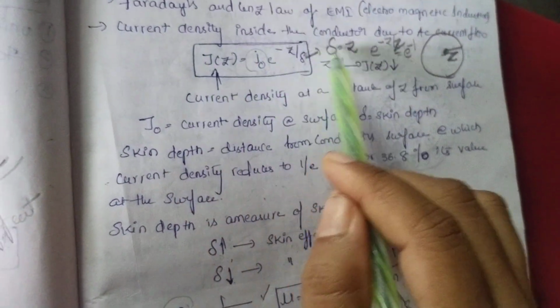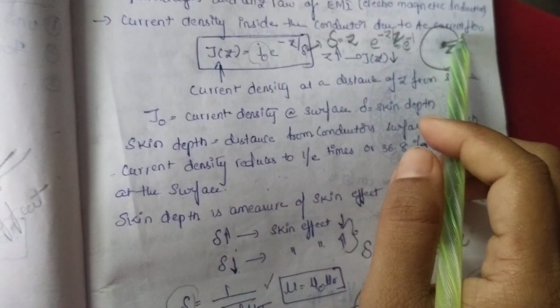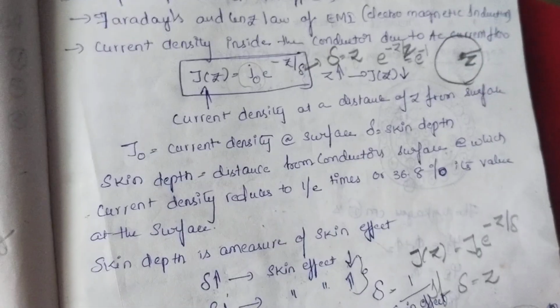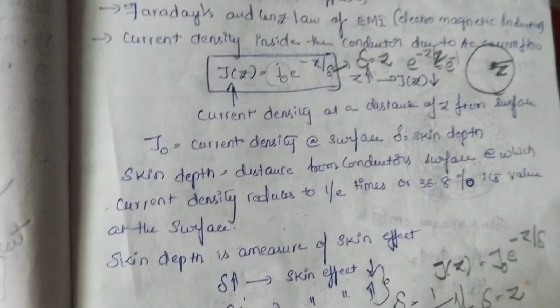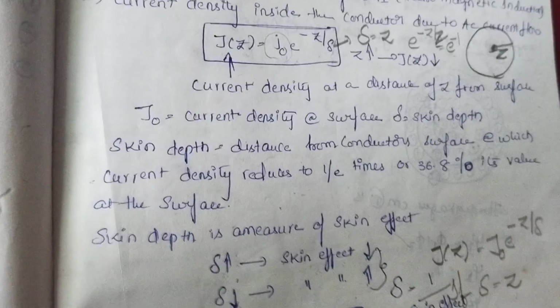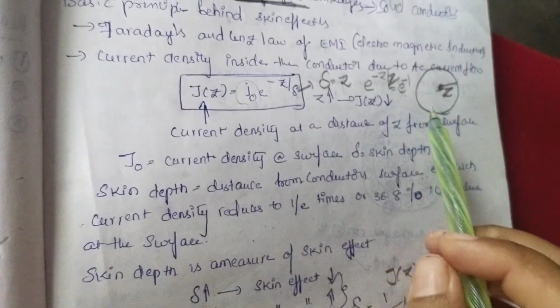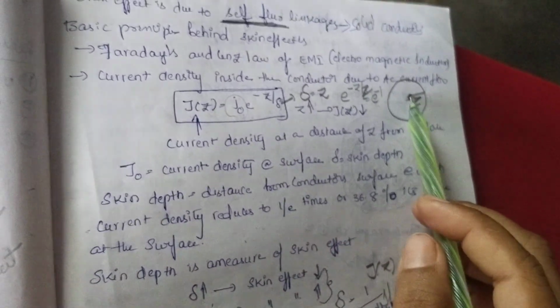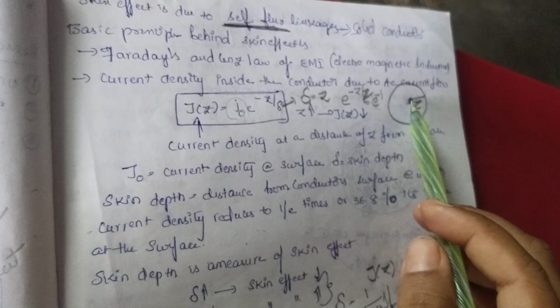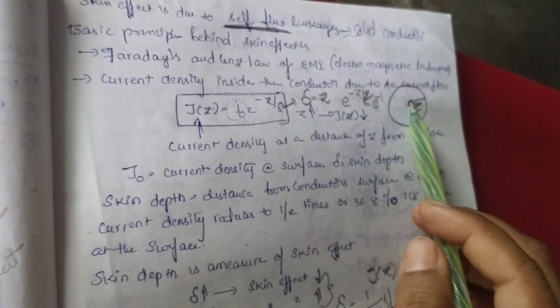The current density inside the conductor due to AC current flow. We know that current is flowing only on the skin, not inside the conductor. So we'll see what the current density is at a distance of Z from the surface of the conductor. Why are we calculating this?